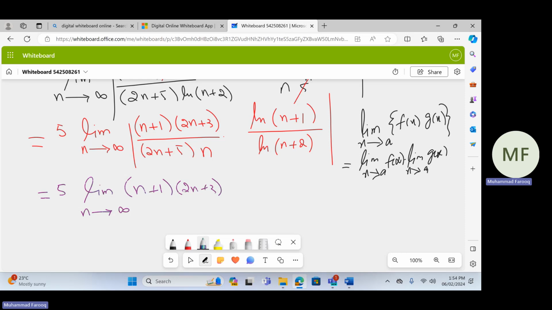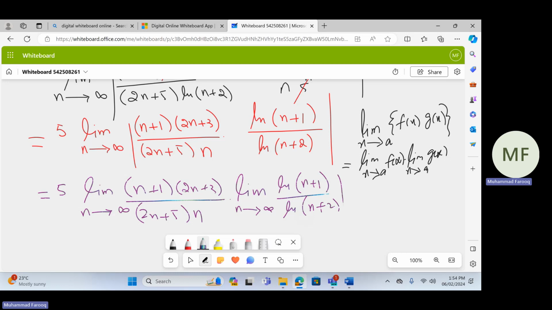Go now, next please. Okay, I will write this step: 2n plus 5 times n. Then also limit as n approaches infinity, and then with the argument n plus 1. We should write the 5 outside also, yes. And now we have 5.